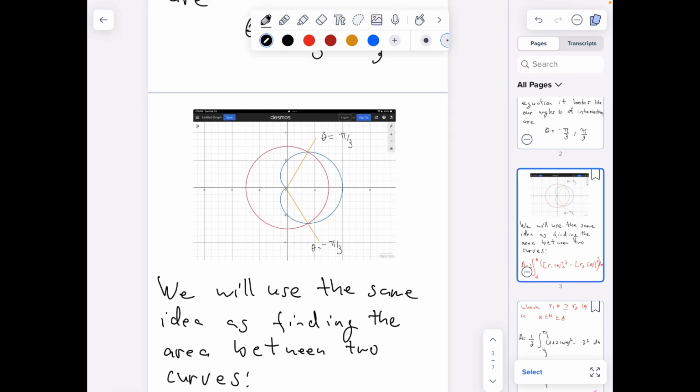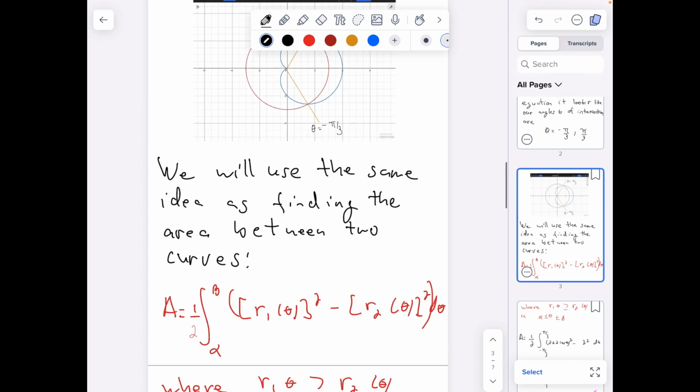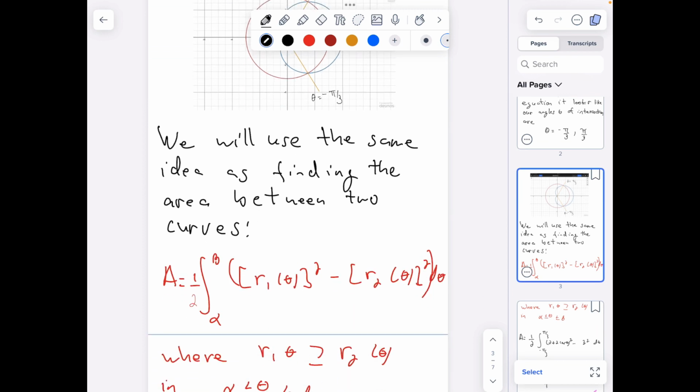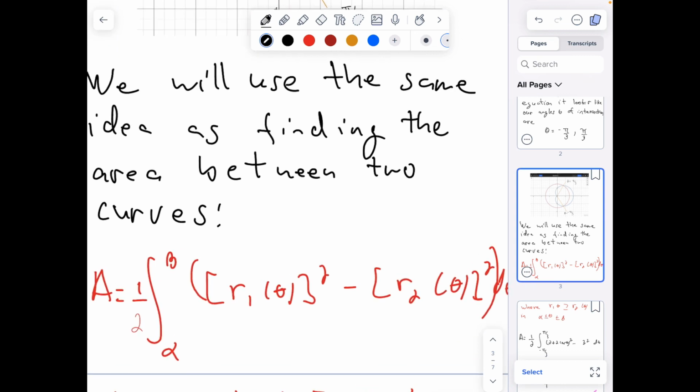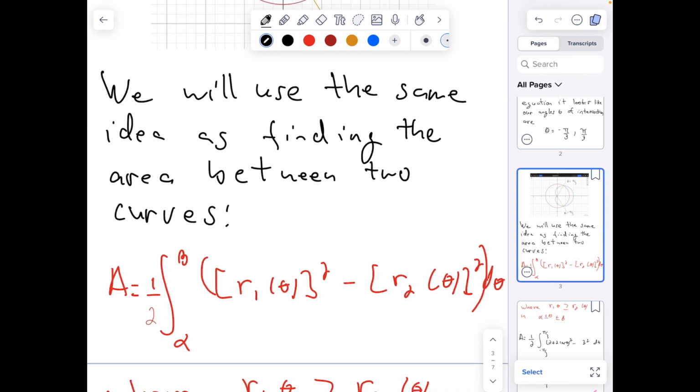All right, so in general, that's how we deal with finding the area between two polar graphs. You're going to use the formula I have right here, 1/2 the integral from alpha to beta of r1 squared minus r2 squared. r1 is the larger of the two functions, and larger here is basically the larger radius, so it's farther from the origin.